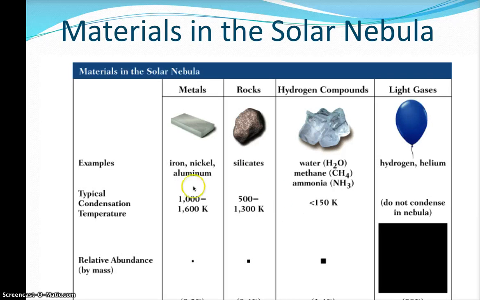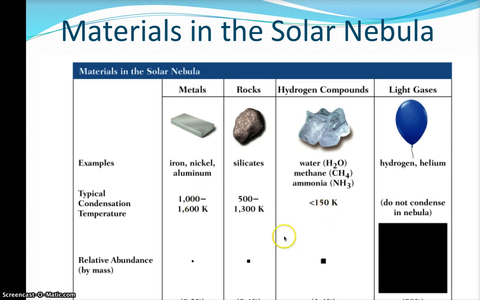Remember, very close to the center of the nebula where the sun was forming, the temperatures were very high, and only materials like rocks and metals are able to condense at those high temperatures. The hydrogen compounds are only able to condense at much colder temperatures, such as what we would find out where we find the Jovian planets.